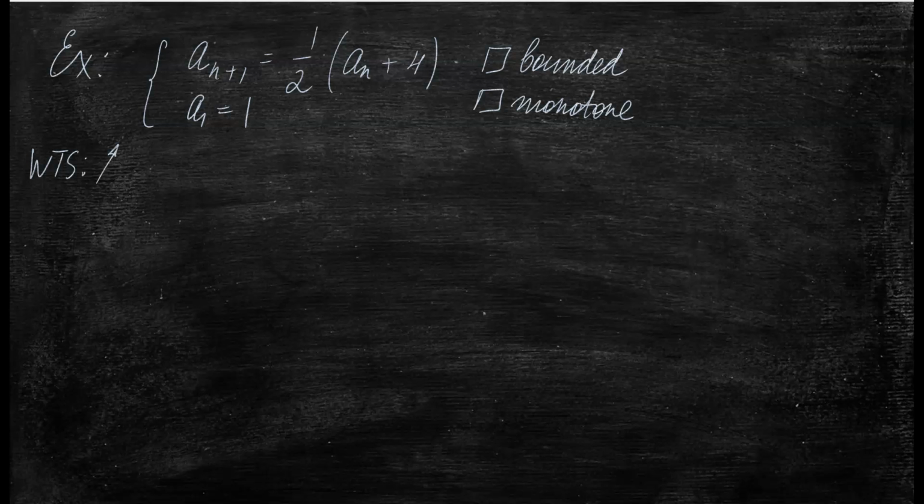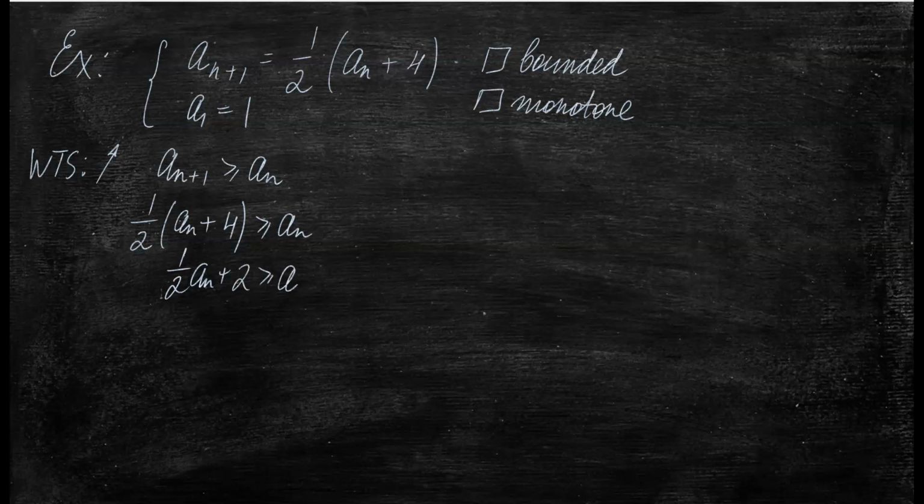And to show that it's increasing, we have to show that the n+1th term is greater than the nth term. We're going to simplify this, so we have 1/2 a_n plus 2 is greater than a_n, and we have 2 is greater than half of a_n, and now we have 4 is greater than a_n.